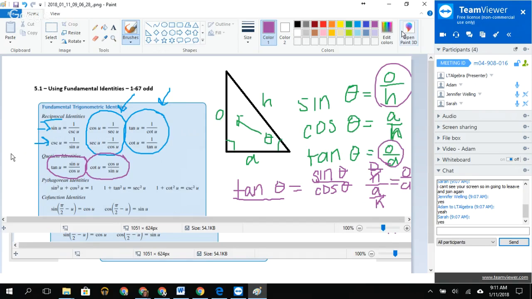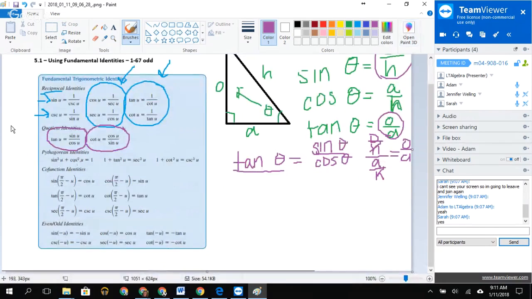So we have these Pythagorean identities that we didn't talk a whole lot about. They're basic identities derived from the Pythagorean theorem. The first one that's useful is that the sine squared of an angle plus the cosine squared of an angle equals 1.